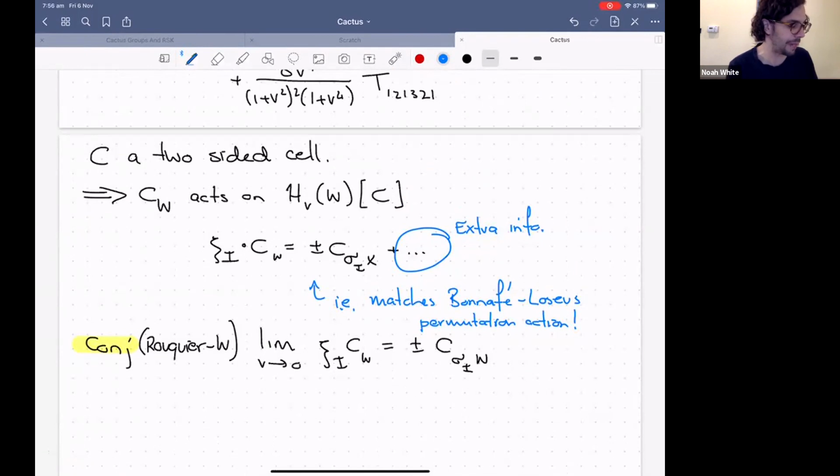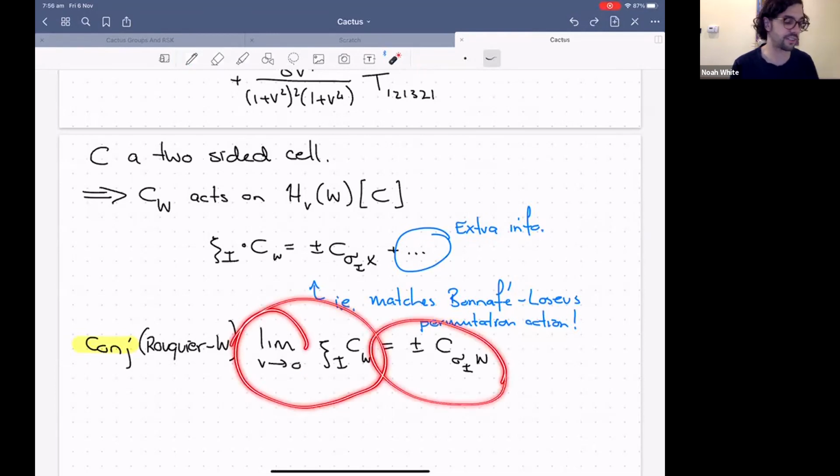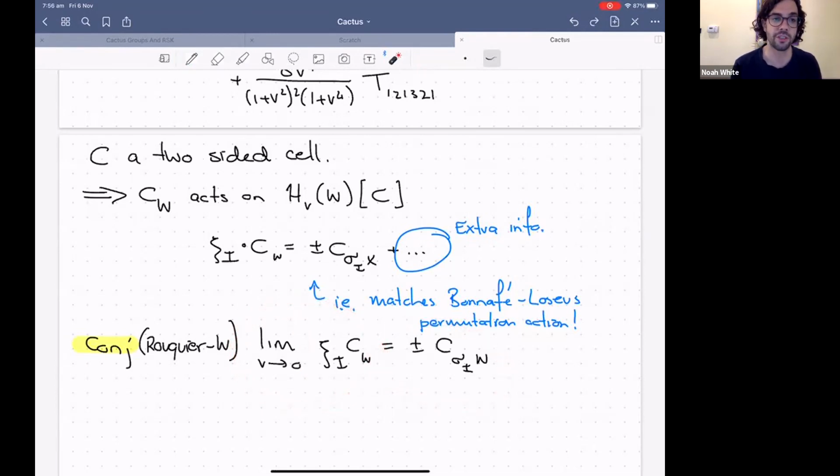Well, we hopefully will be able to make precise, it's still a conjecture, that there's still this extra information, but if you take the limit when v goes to 0, then this action really just reproduces Bonnafé and Losev's action. So in this precise sense, the action of the Cactus Group on the Coxeter group is an asymptotic limit of a Braid group action.